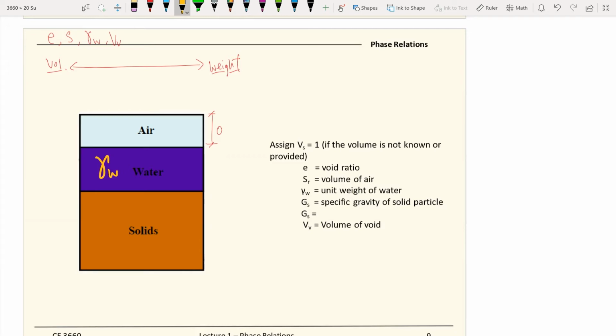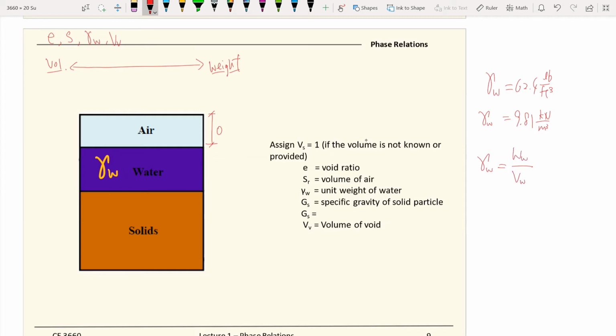This is powerful because the unit weight of water is equal to 62.4 pounds per cubic foot or 9.81 kilonewtons per cubic meter. This is kind of free information because it is just a constant that we can always use. And this constant provides you the bridge between the weight of water and the volume of water.